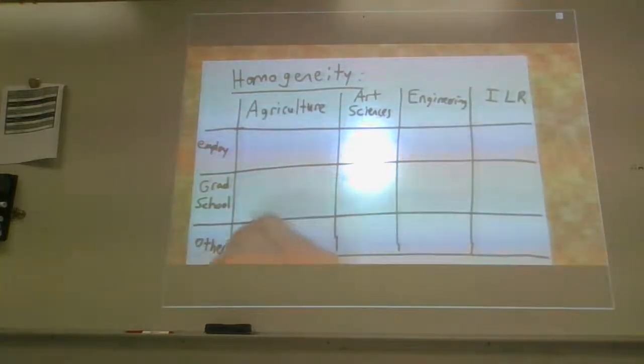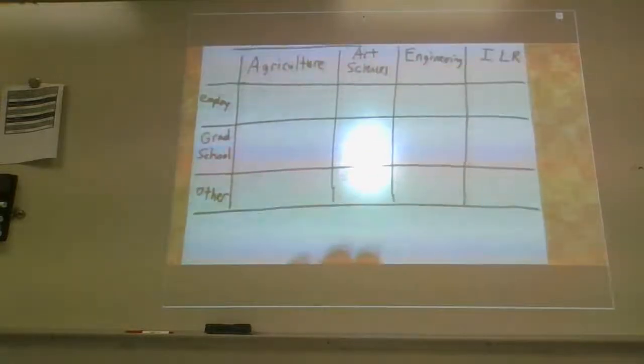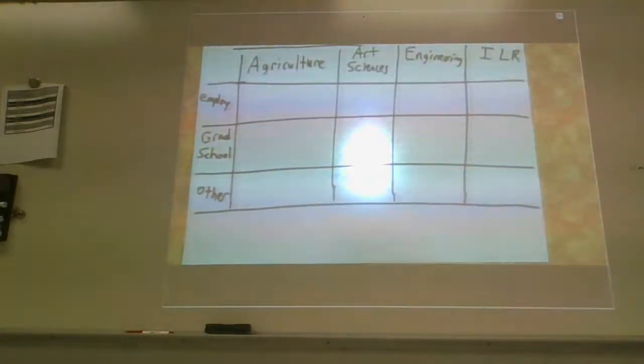You fill in the blank for other. It could be anything, really. Other could be like they're in jail. Other could be unemployed. Other could be dead. But top one being employed, the middle one being grad school, the third one being other. Now, these are all observed counts.